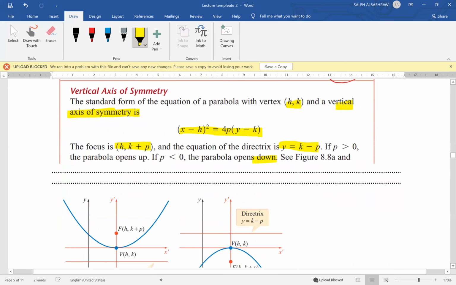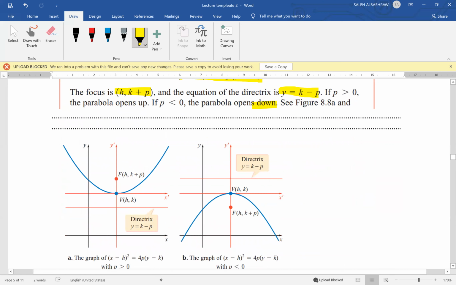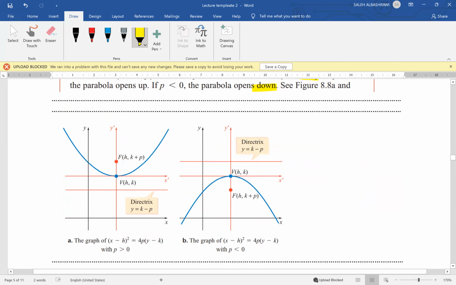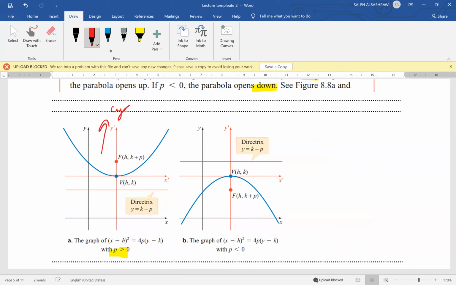Let's take these two. The first one, we have p greater than 0, so the parabola opens upward. Vertex is (h, k). Going up by p units, we have the focus point (h, k plus p), and going down by p gives the directrix y equals k minus p.